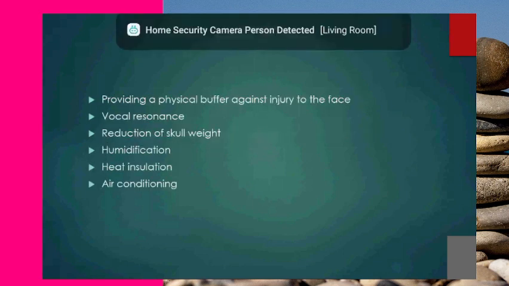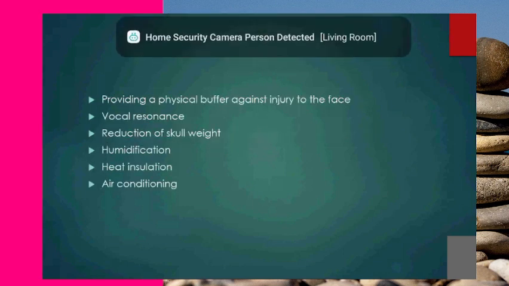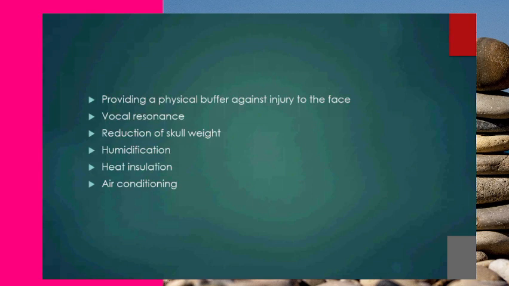Okay. So as a whole, what is the function of the nose? So it provides a physical buffer or a barrier against injury to the face. Okay, so you know that the nose is the most prominent, the most anterior part of the face.